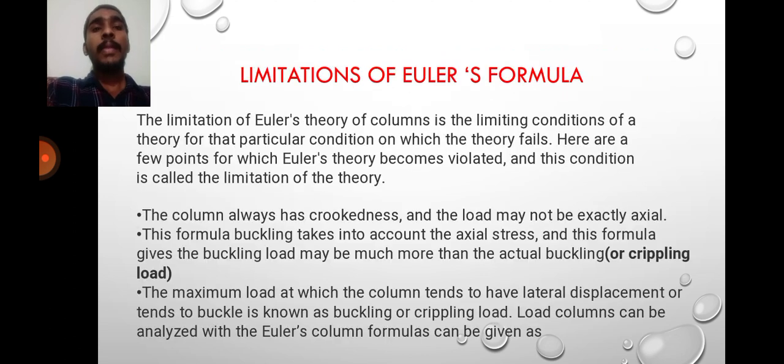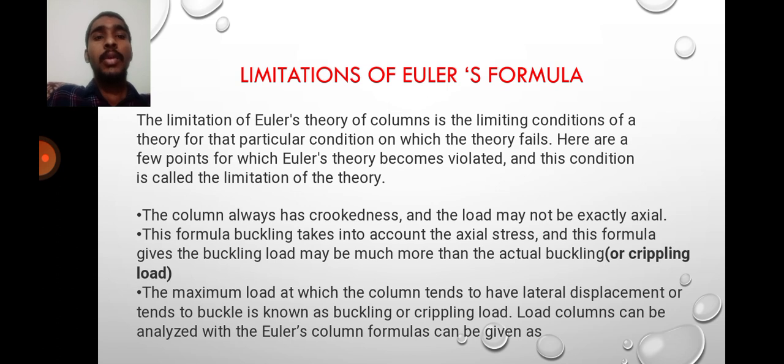And limitations of Euler's formula. The limitations of Euler's theory of column are the limiting conditions of a theory for the particular condition on which the theory fails. Here are a few points for which Euler's theory becomes violated, and these conditions are called the limitations of the theory.